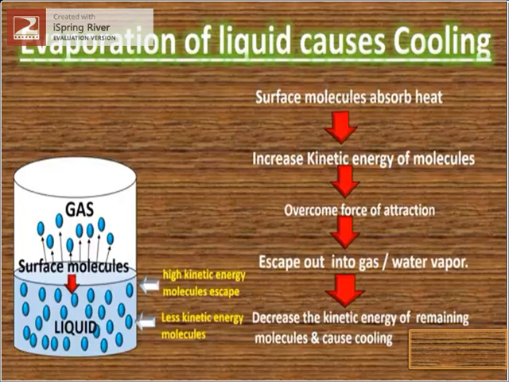Hence, the surface liquid molecules are able to overcome the force of attraction. And as they are able to overcome the force of attraction, they escape out as gas, or they change their state to vapor state. Since in this process the surface liquid molecules are absorbing heat energy from the surroundings, that makes the surroundings cool.